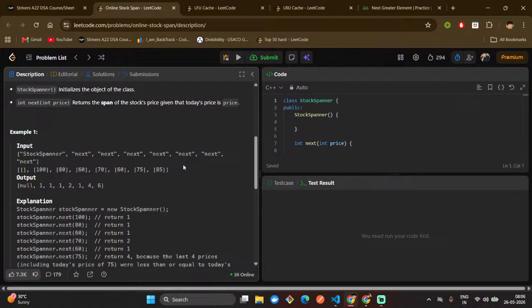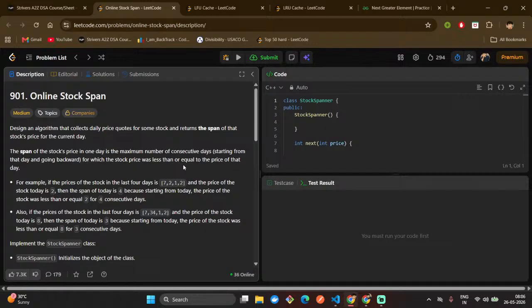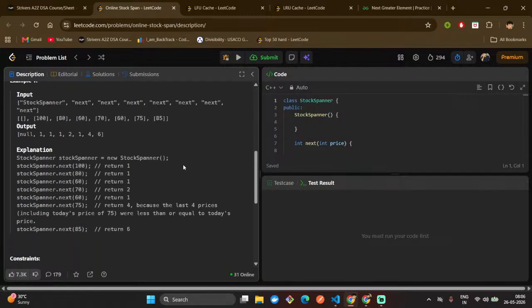Let's put where we are. Just maintain that.